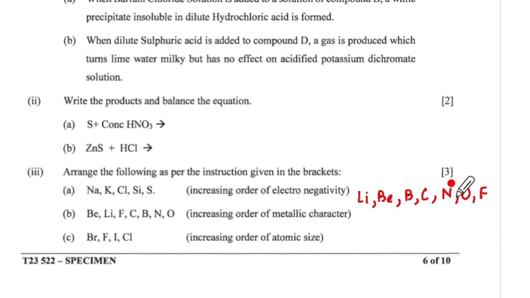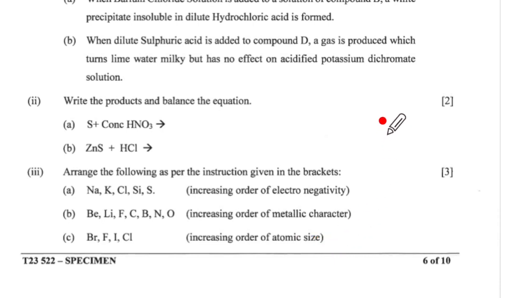Now metallic character will be like so. Lithium is metallic, this is non-metallic. So the correct order for this will be F, then O, then N, then C, B, Be, and Li. We come to C. Br, F, I, Cl. These are halogens, increasing order of atomic size.